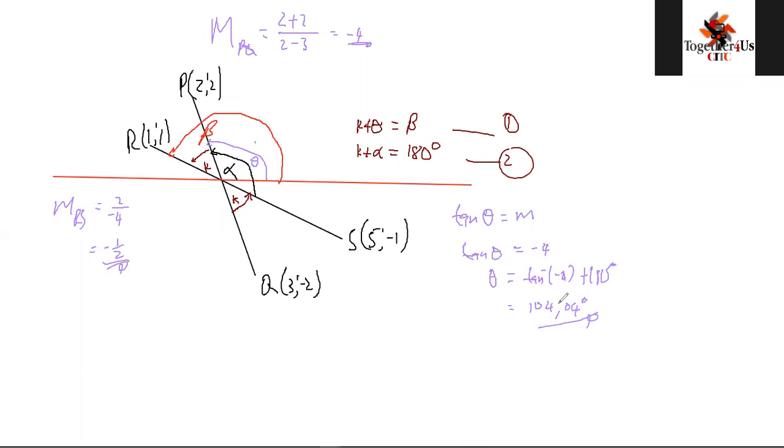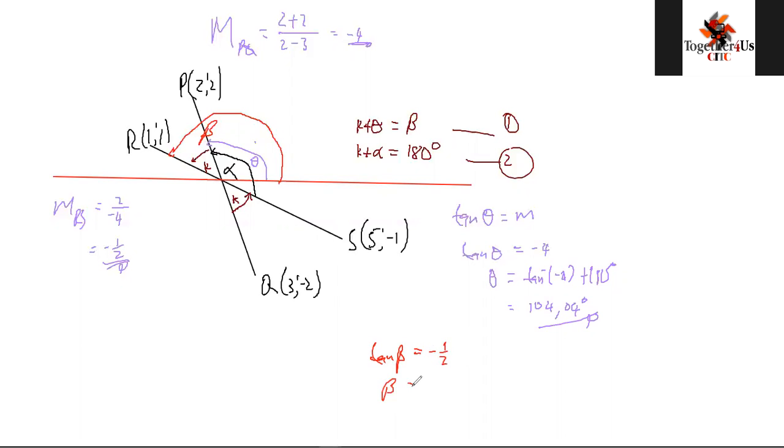Now, before we come to the relations, let's of course also find the angle for the line RS, and we have shown already how that is going to work. So we're going to have again tan beta equal to, what is the gradient here? The gradient is minus a half.